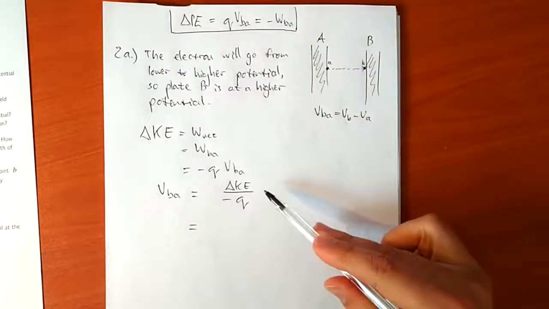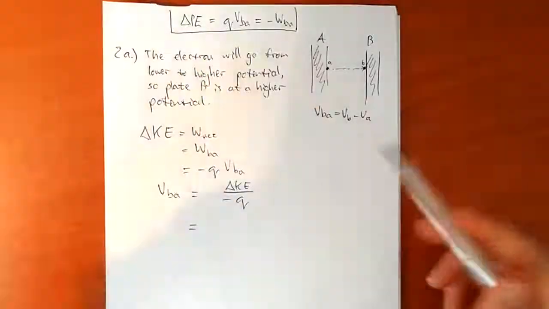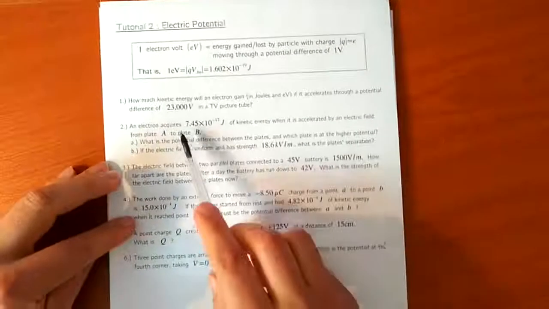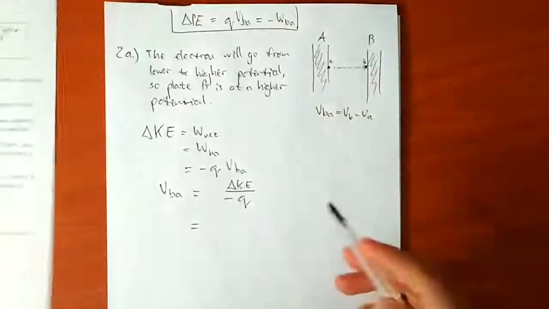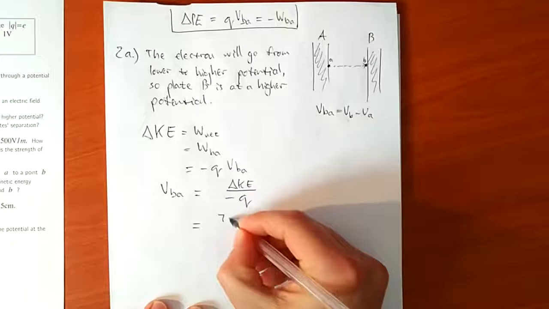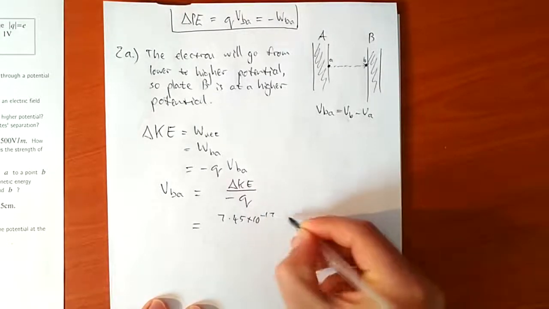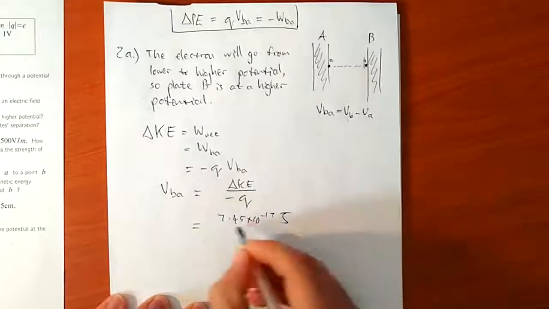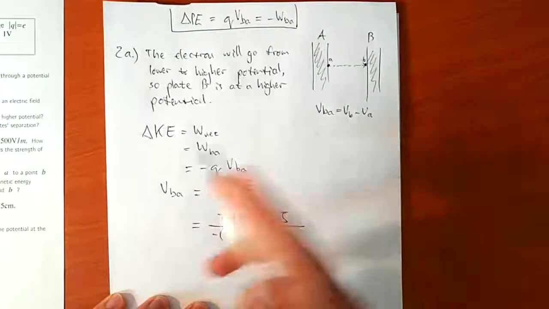Right, now let's just substitute values. What's the change in kinetic energy? Is it plus that value or minus that value that was given? Well, an electron acquires this much kinetic energy, so it gains this much. So the change in kinetic energy is positive, and it's equal to plus 7.45 times 10 to the minus 17 joules. Over minus Q, and what is Q?